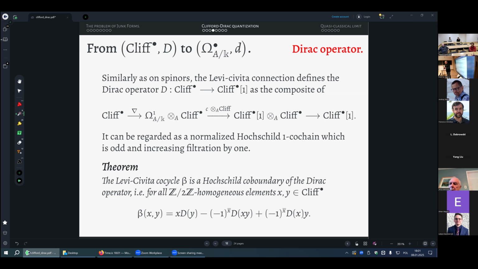Why is Dirac more important than the Levi-Civita connection from this point of view? Because beta is a coboundary, which means that you can fill it with this Dirac operator and you obtain this Levi-Civita. But if you have this Levi-Civita and you would like to ask what this Dirac operator is, you see that for fixed beta it is not unique.